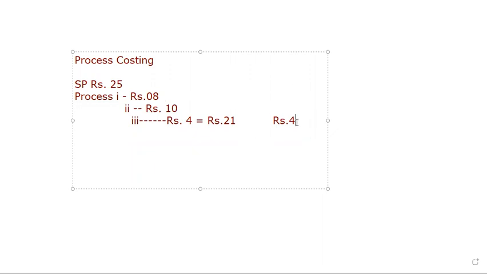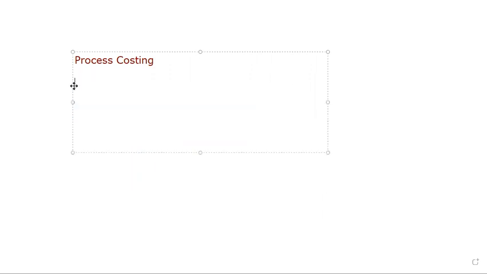Understand? So if we go for the definition of the process costing, it means a distinct manufacturing operation or stage. Okay, in process industries the raw material goes through a number of processes in sequence before the finished product. Okay, so these are the number of processes that are going to happen.